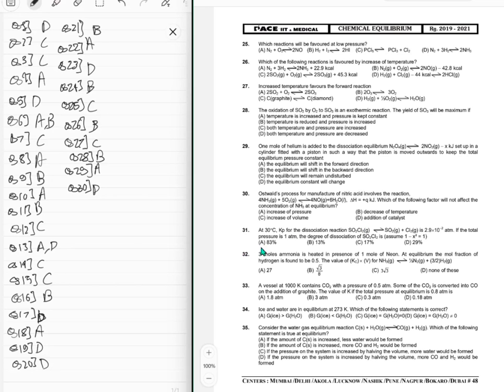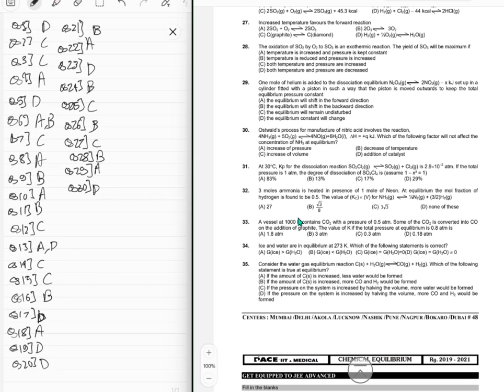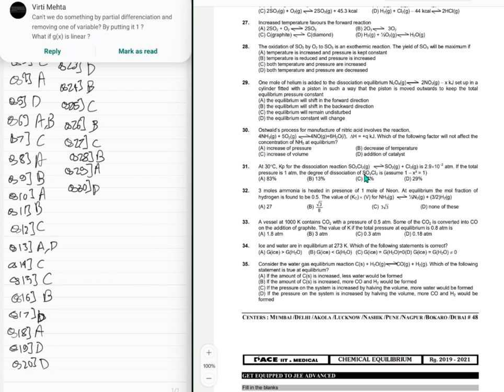So question 31. At 30 degrees Celsius, Kp for the dissociation reaction is given. If the total pressure is 1 atmosphere, find the degree of dissociation of SO2Cl2. Assume 1 minus x squared is approximately 1. If the degree of dissociation is x, what you are saying is it doesn't actually dissociate a lot.